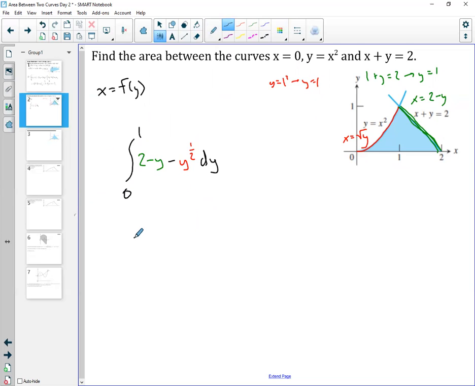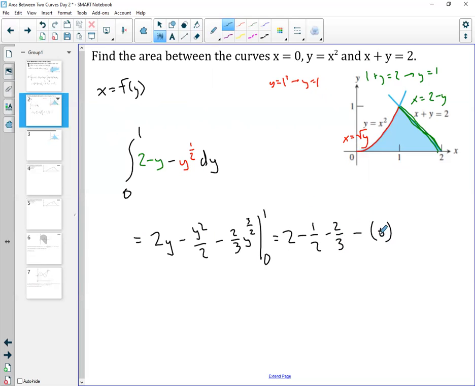Now I can just go right to the integration. So this is 2y minus y squared over 2 minus 2/3 y to the 3/2, running from 1 to 0, which is 2 minus 1/2 minus 2/3.